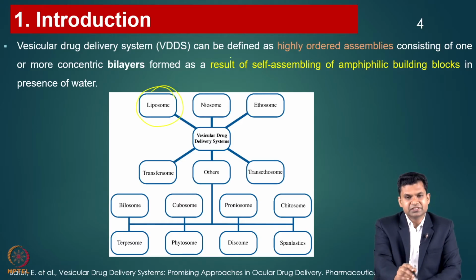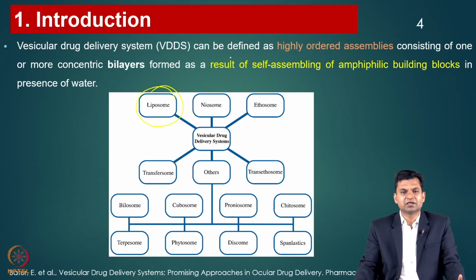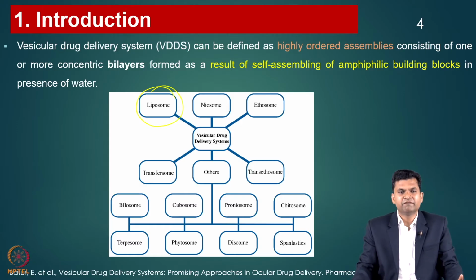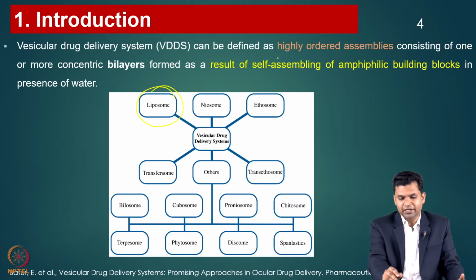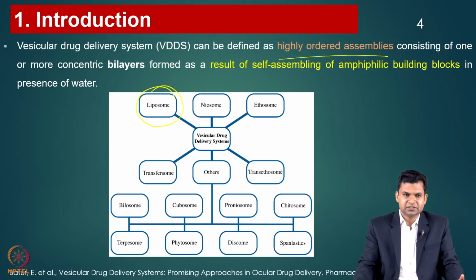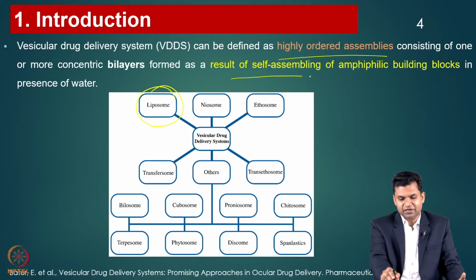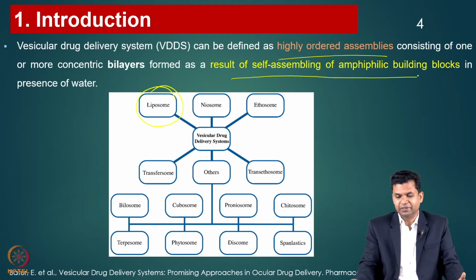So, here you can see the definition of vesicular drug delivery systems. Vesicular drug delivery systems can be defined as highly ordered assemblies consisting of one or more concentric bilayers formed as a result of self-assembling amphiphilic building blocks in presence of water.